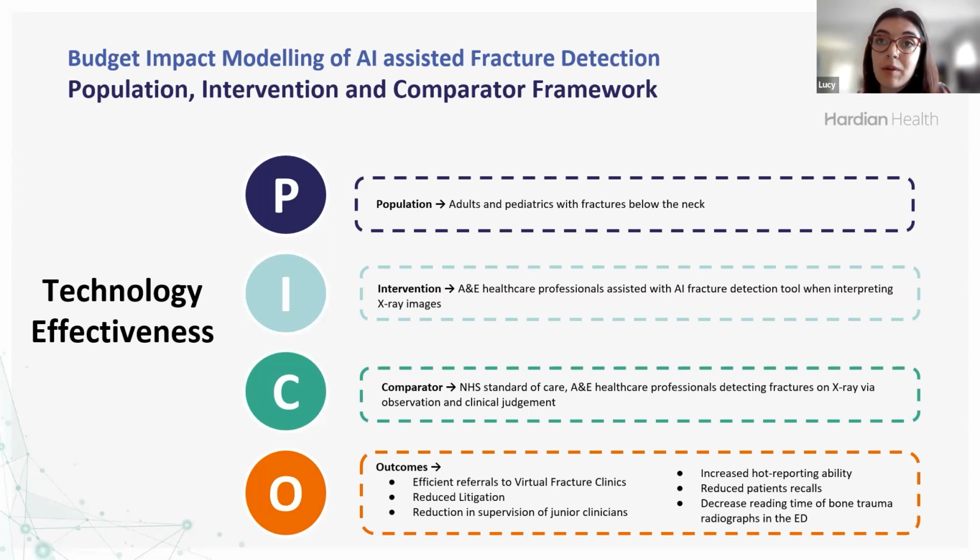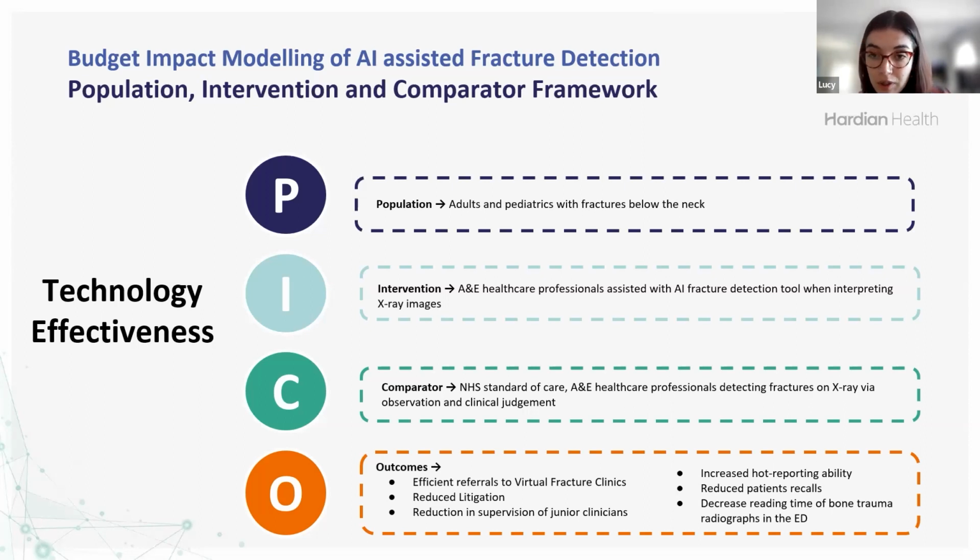The identified comparator is standard of care, and the outcomes or benefits that the client thought the technology has are listed below. Efficient referrals to fracture clinics, reduction in litigation, reduced supervision of junior staff, impacts on hot reporting abilities, reduction in patient recalls, and also decreased reading times of X-rays, specifically in the emergency department.